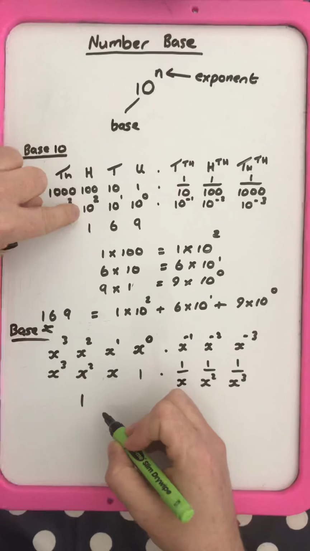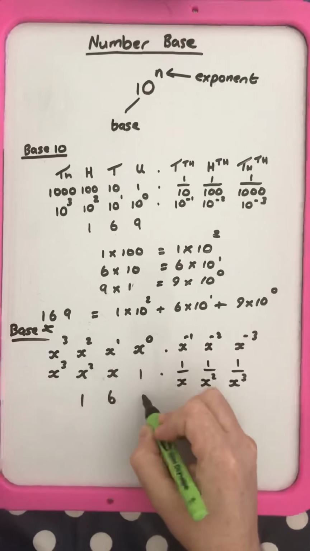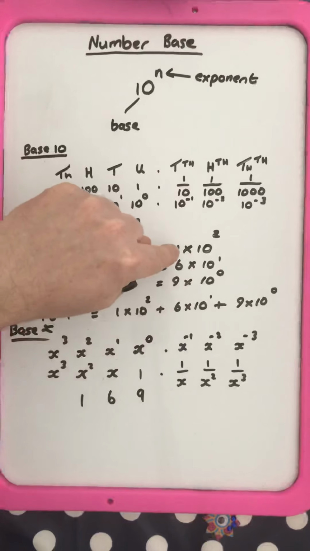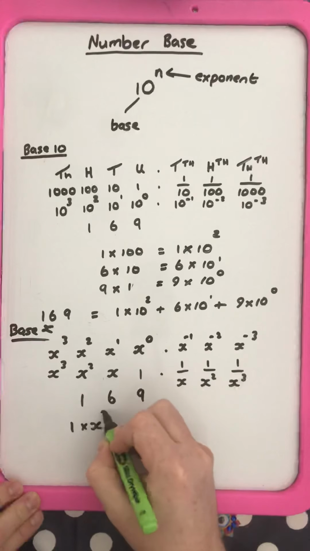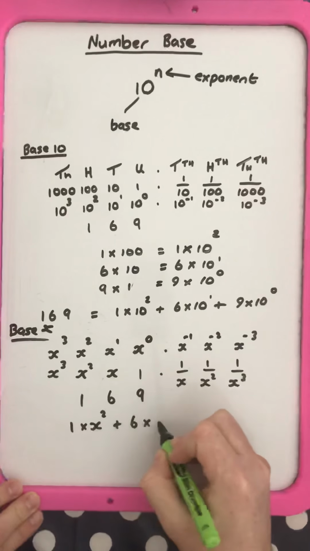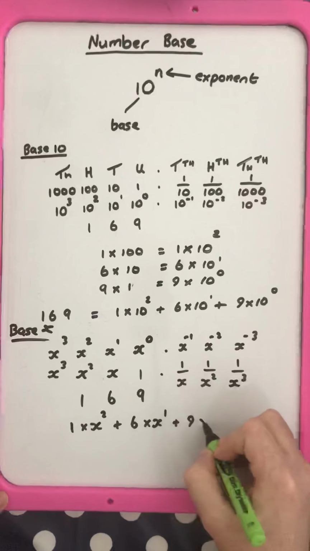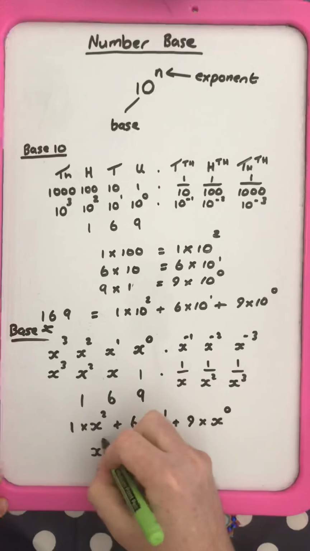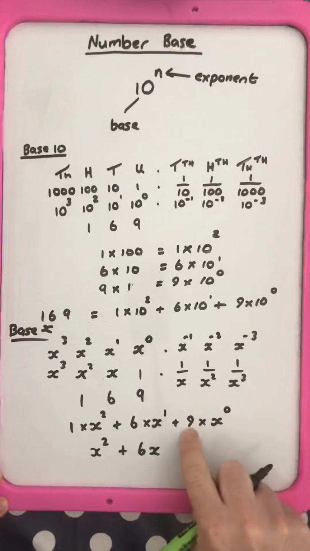Right, this is our squared. 1, 6, 9. So what would that represent? 1 times x squared plus 6 times x to the 1 plus 9 times x to the 0. So we've got 1x squared, which is an x squared. We've got 6x, and we've got 9 ones.